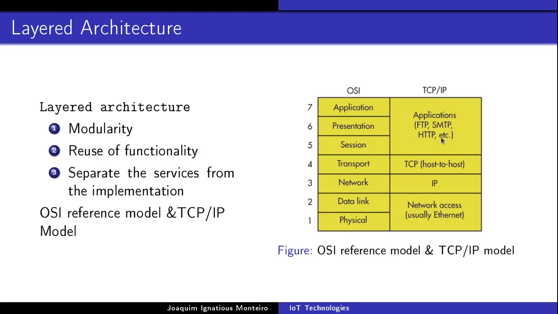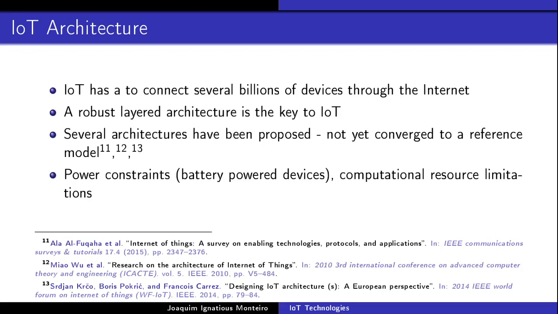Just as we have a layered architecture, IoT also has a layered architecture, which is very key to the working of the Internet of Things. Several architectures have been proposed, but they have not been able to conclude which is the best architecture for the Internet of Things.